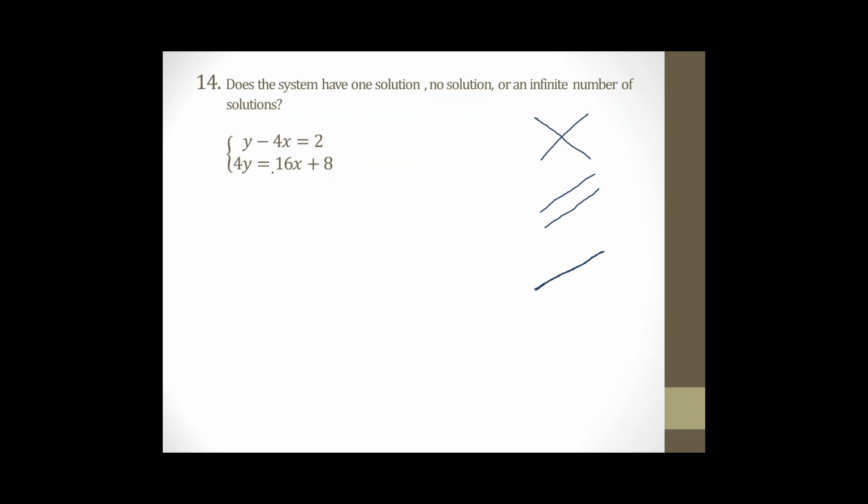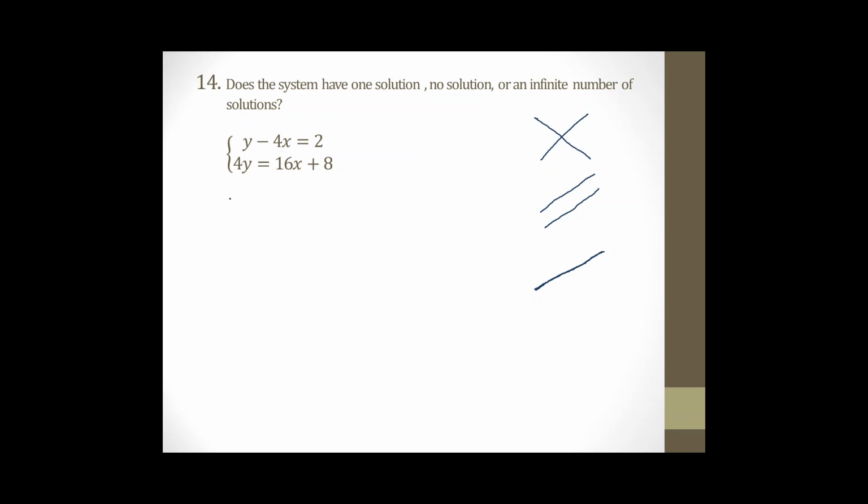To find out which one it is, we would have to use either one of the methods to solve the system. Looking at it, the equations are not perfectly lined up. I have been using the substitution a lot, so I'm going to use the addition method.